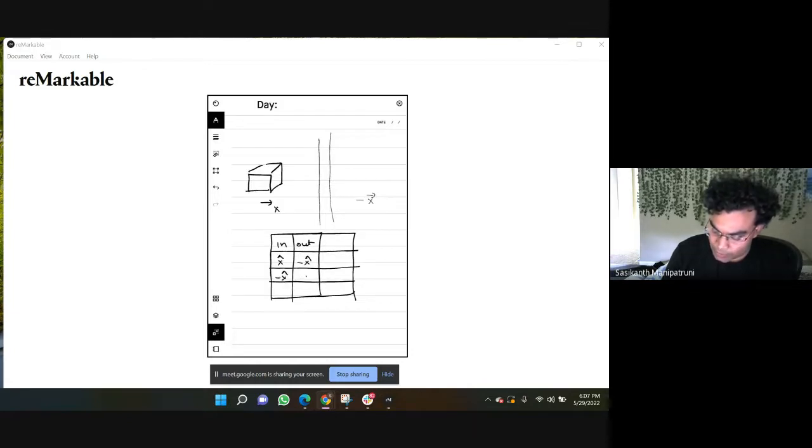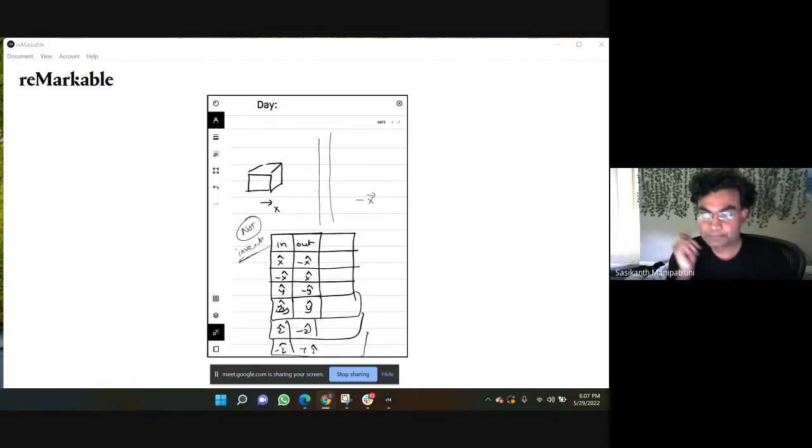Minus x is input, I want x as output. Y is input, minus y as output. Similarly, minus y gives plus y. Z gives minus z, minus z gives plus z. Okay, this is the NOT gate or invert gate. This I already know how to do.